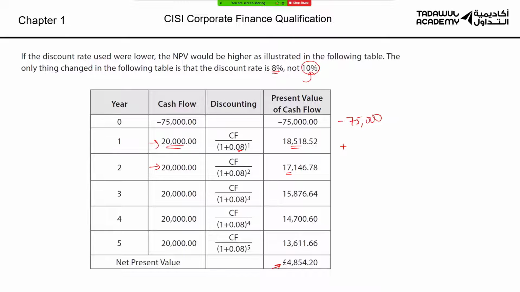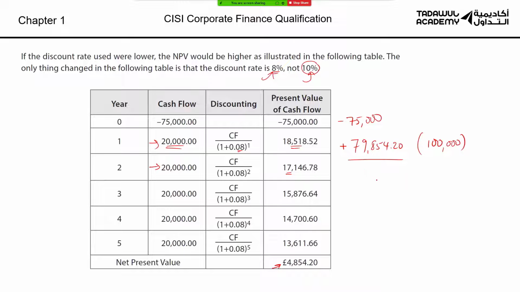So 18,518.52 plus 17,146.78 plus 15,876.64 plus 14,700.6 plus 13,611.66. So all in all, I'm going to get 79,854.20, which is again £100,000, but discounted at 8%, not 10% like in the previous case.